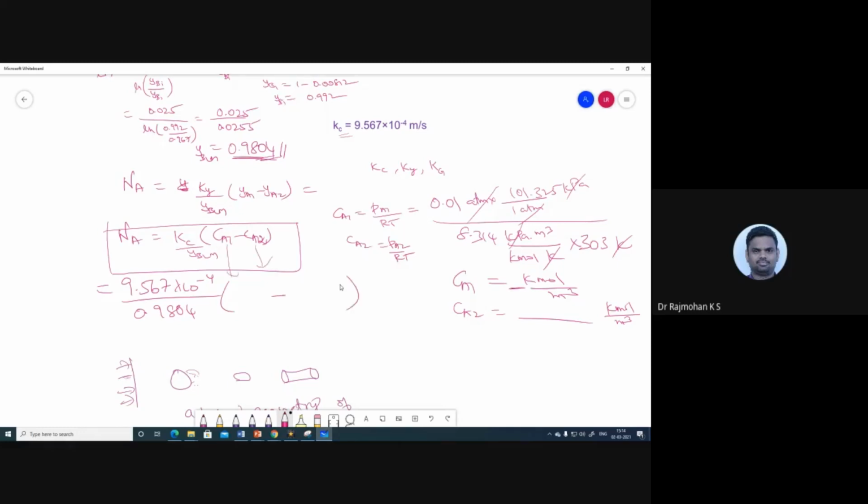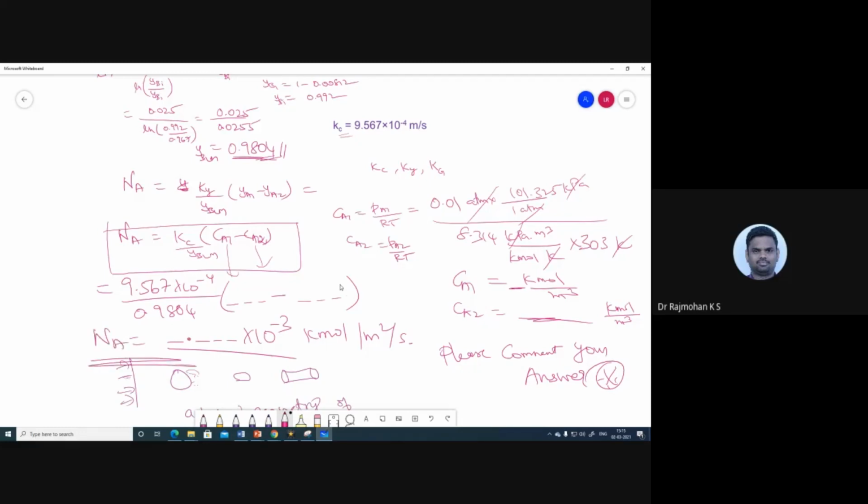Whatever you get for Ca1 and Ca2, please substitute the values to get the Na value in terms of kilomoles per meter square second. Please comment your answer. You will get it in the range of 10 power minus 3. Please write four digits.